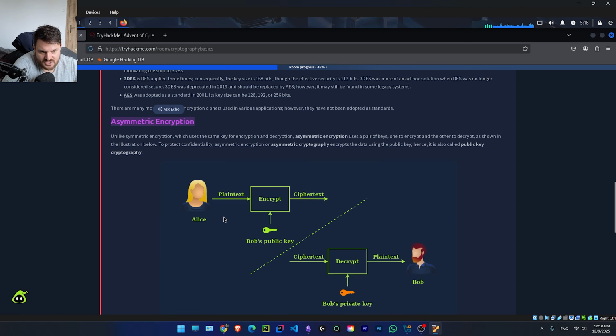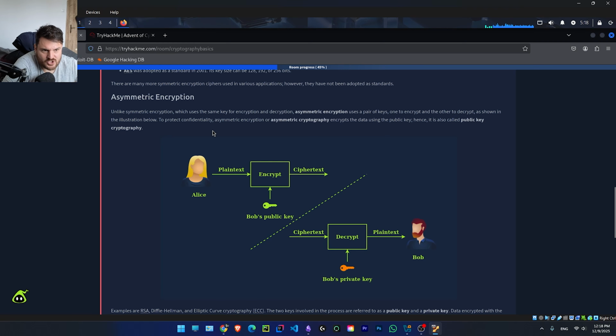Asymmetric encryption. Unlike symmetric encryption, which uses the same key to encrypt and decrypt, asymmetric encryption uses a pair of keys, one to encrypt and the other to decrypt. As shown in the illustration below, to protect confidentiality, asymmetric encryption or asymmetric cryptography encrypts the data using the public key.